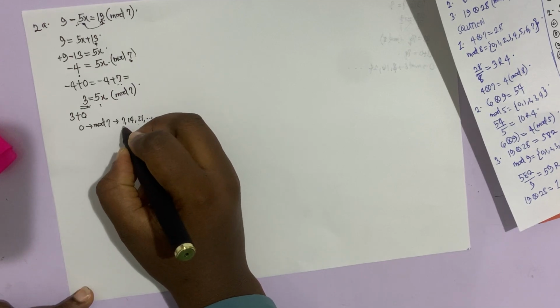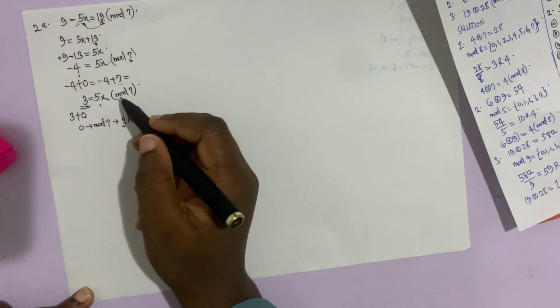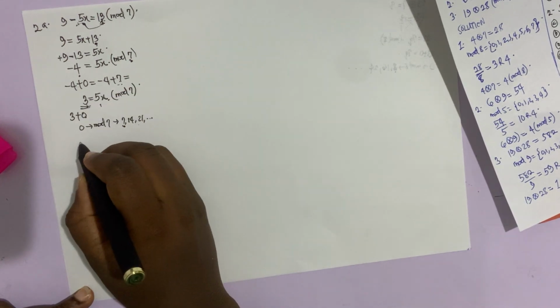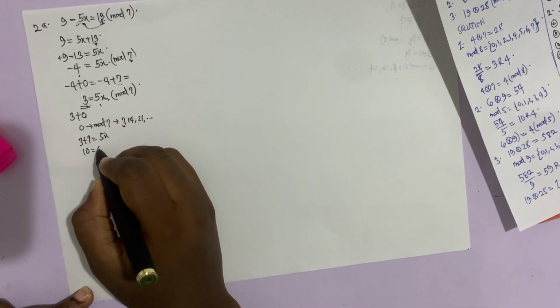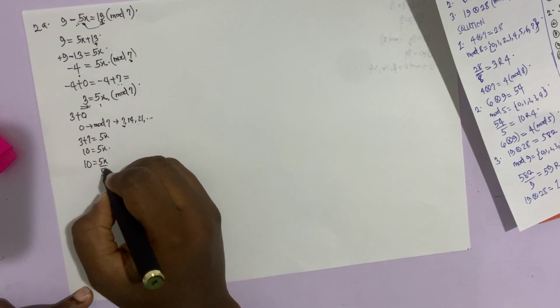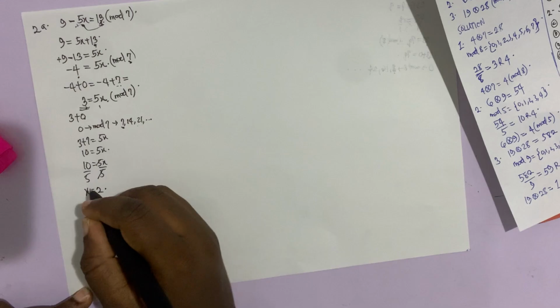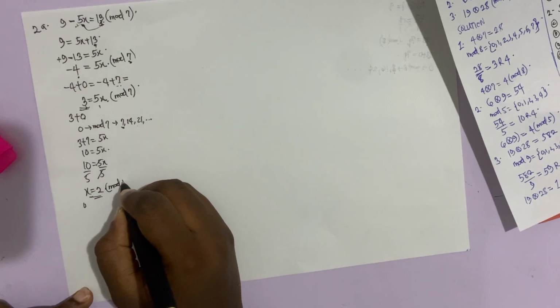So we pick the smallest number to make this solution feasible. If you add 7 plus 3, that's 10, and 10 is divisible by 5. So we say 3 plus 7 is equal to 5x. That's 10 is equal to 5x. So when we divide both sides by 5, x gives us 2. So x is 2 in modulo 7.